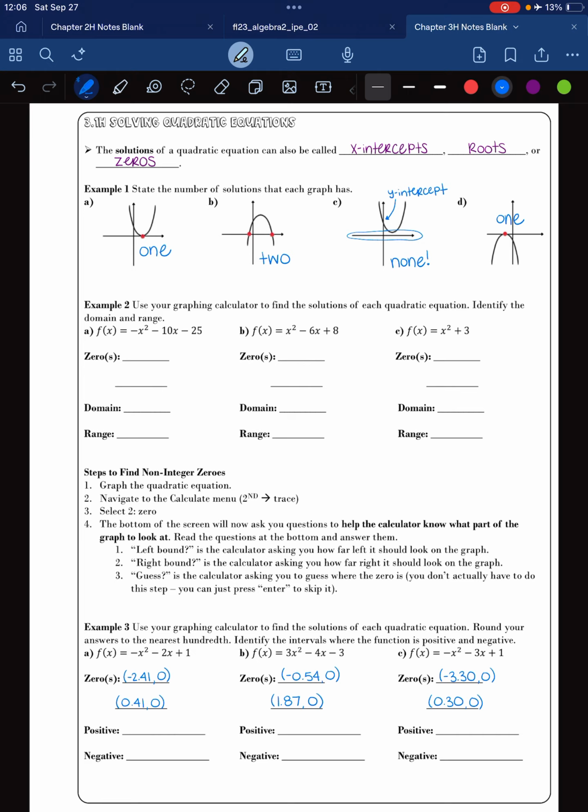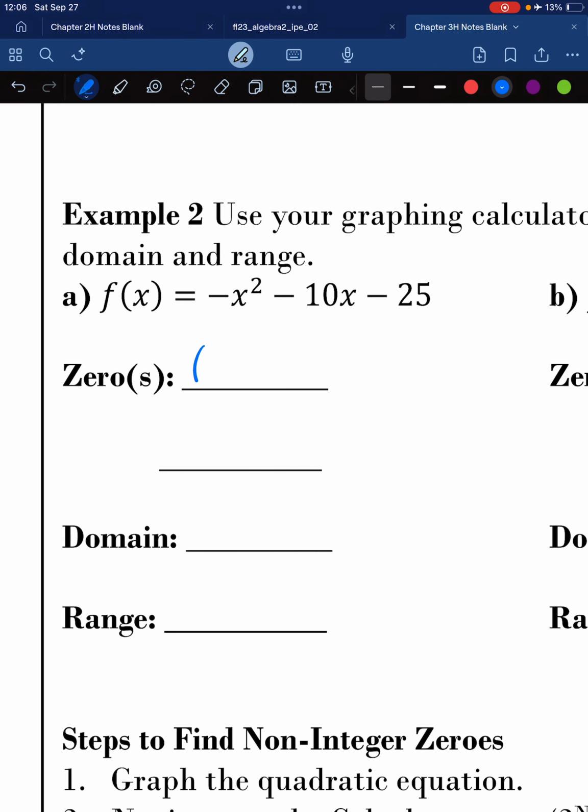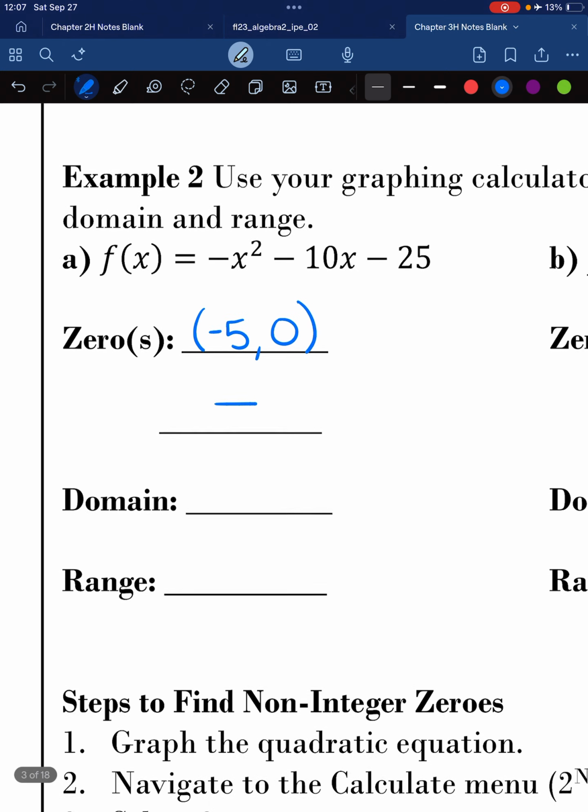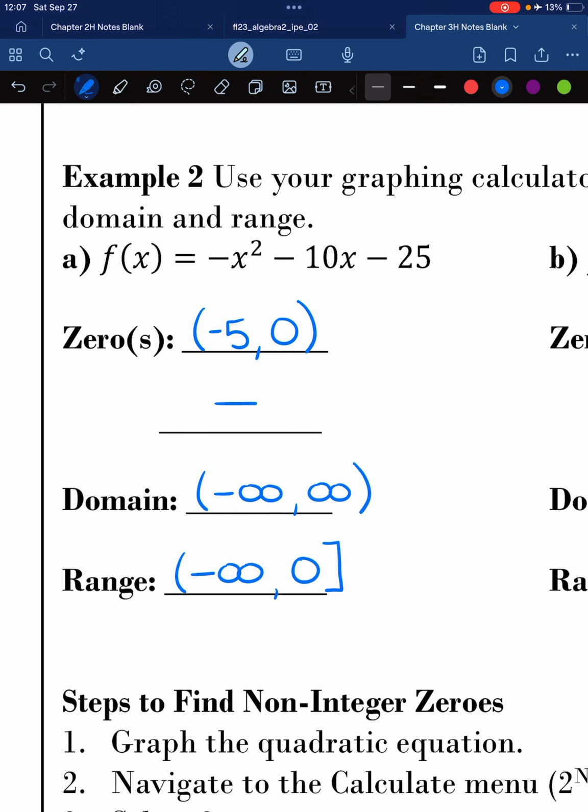So that's going to be at -5, 0. And it's the only one, so I'm going to go ahead and leave this guy blank. The domain of this is from -infinity to infinity. Okay, the range, since it is downward facing, goes down forever, but it only goes up to 0 and does include 0, so we use a bracket there.